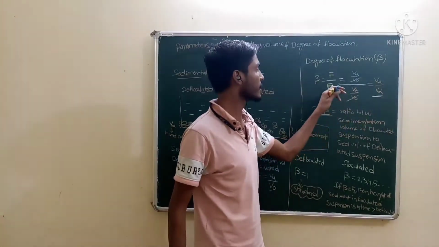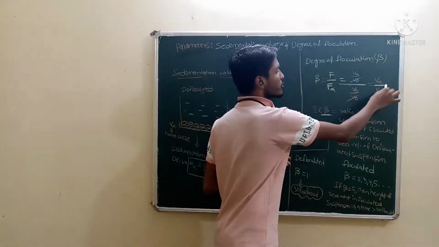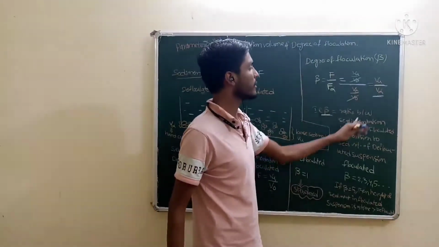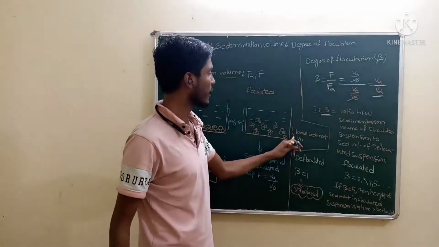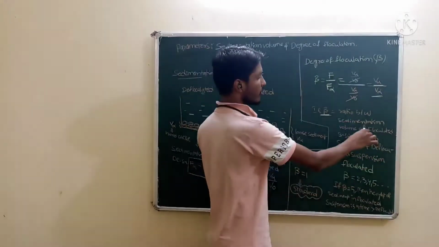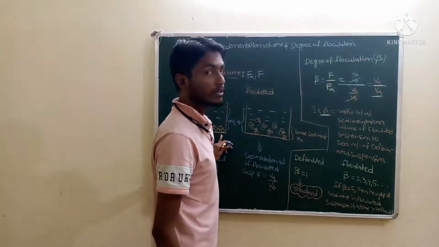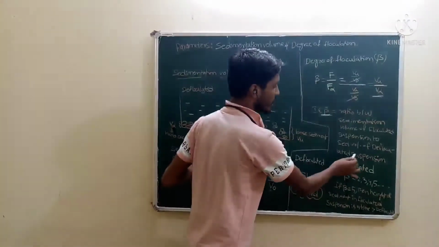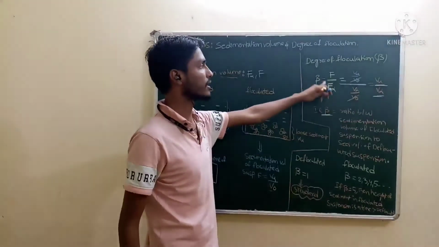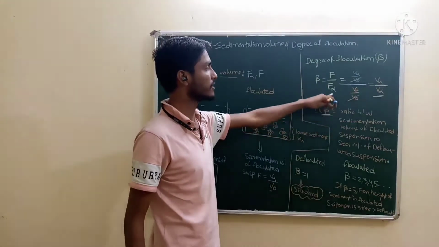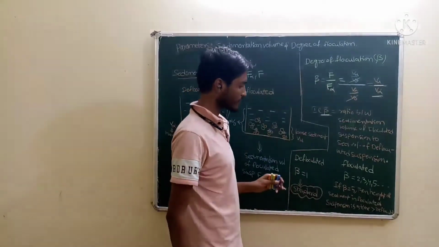It is the ratio between the sedimentation volume of flocculated suspension, Vu, to the sedimentation volume of deflocculated suspension. We call this the degree of flocculation. Definition completed, formula completed, we have derived that formula.